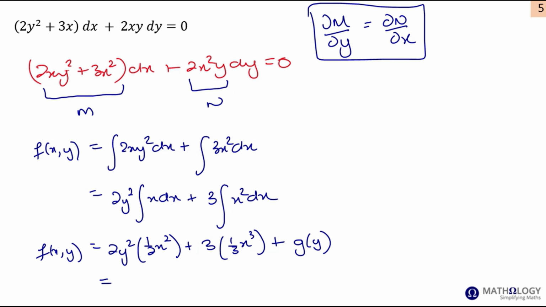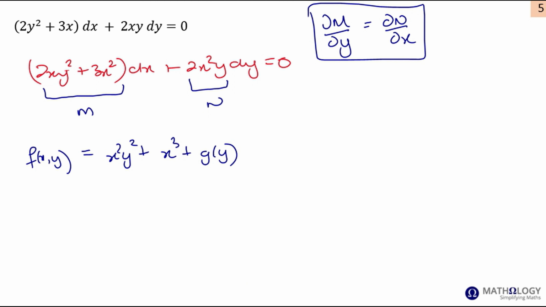So just cleaning this up, we're going to have x squared y squared plus x cubed plus g of y. We're now going to take the partial derivative of this function f with respect to y, and then we're going to match it to the new expression of N that we found, which is 2x squared y.